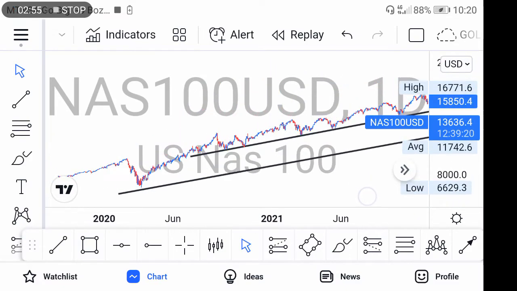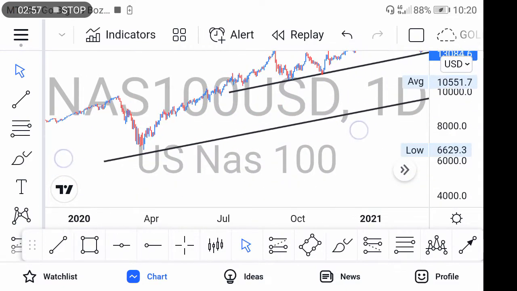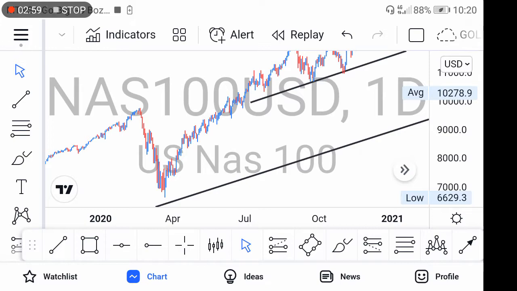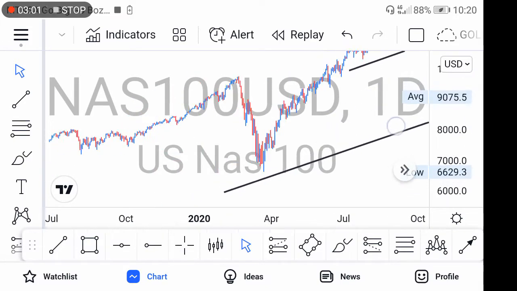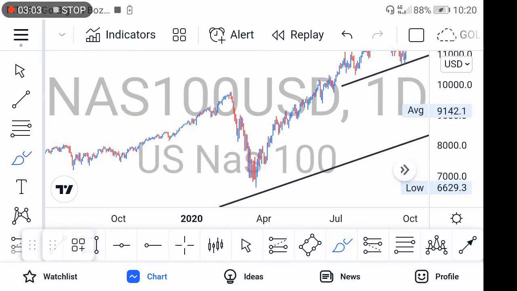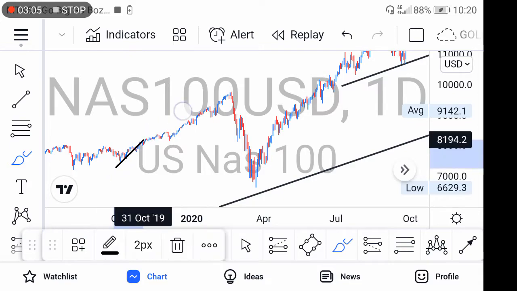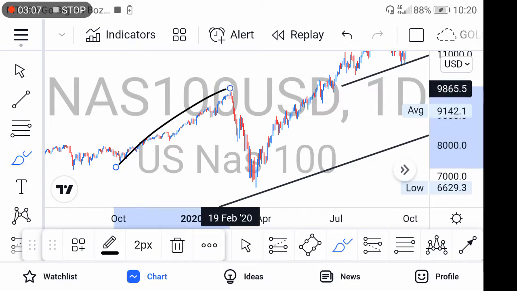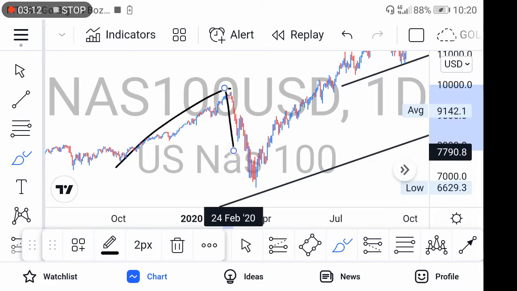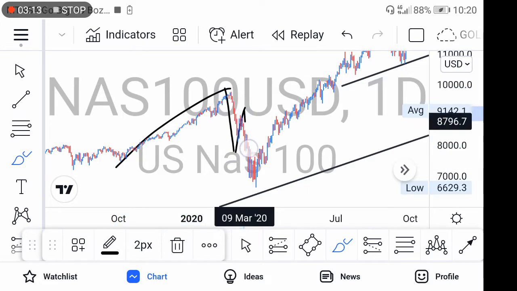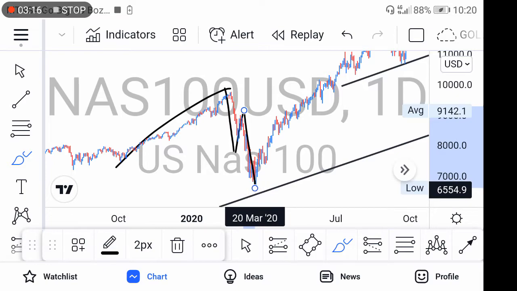So let's look at what's happening when the price touches our trend line. We want price to be in a bullish market, and it must exhaust and go into a bearish market, give us a pullback and go to touch our trend line.